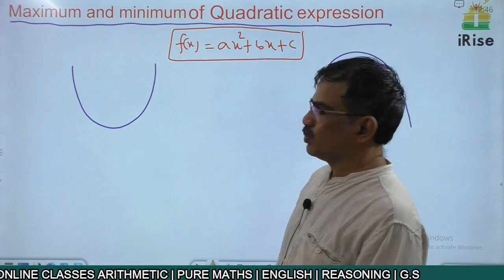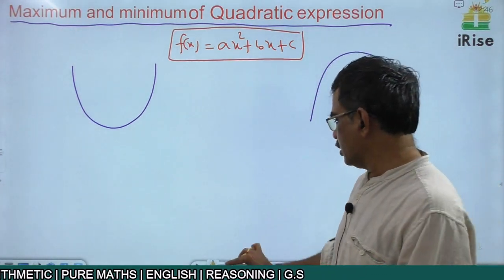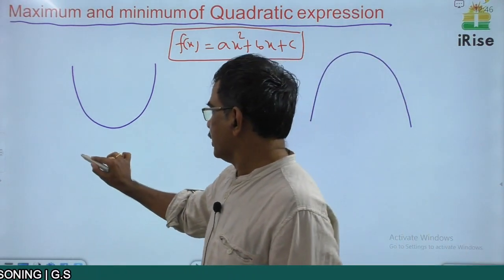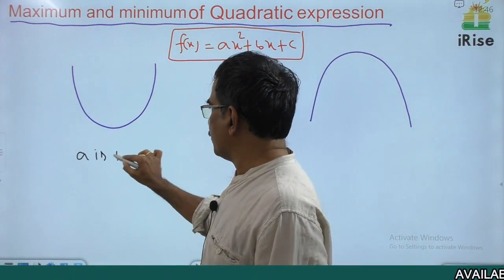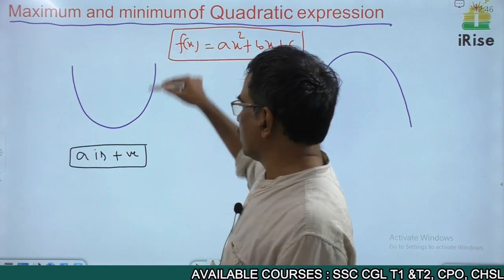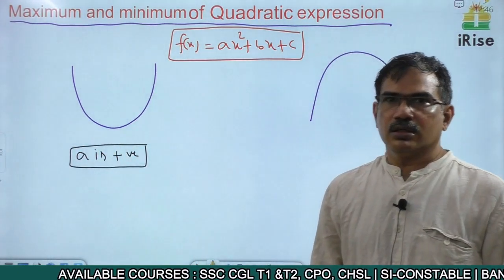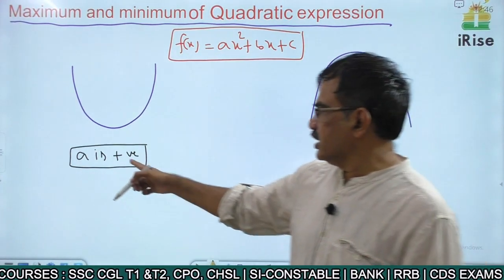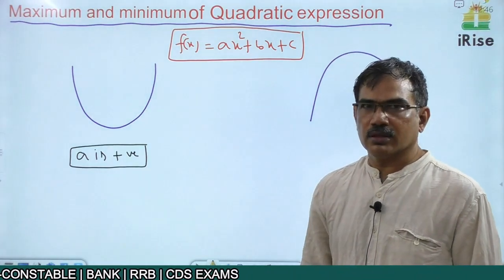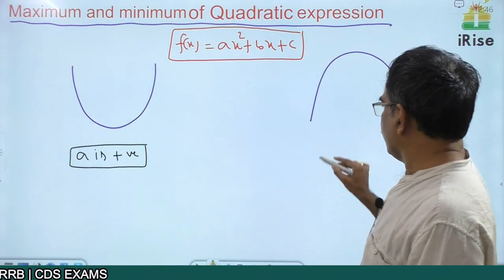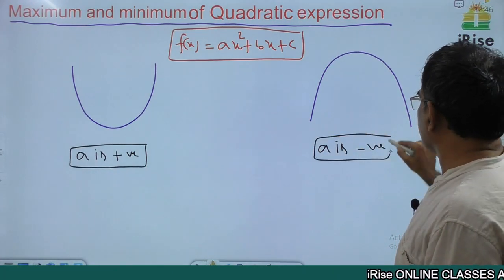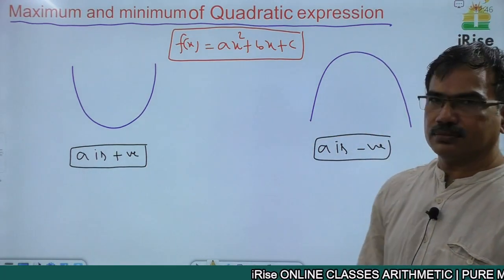When a is positive, we get this type of parabola, and if a is negative, then we get the other type of parabola.